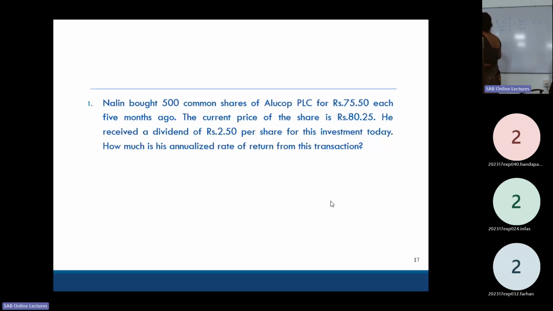Plus capital gain, because now the current price of the share is 80.25. So capital gain is there: 80.25 minus 75.50, divided by P0. The answer you have to divide. This is the holding period return.